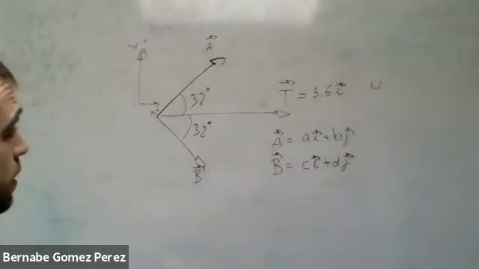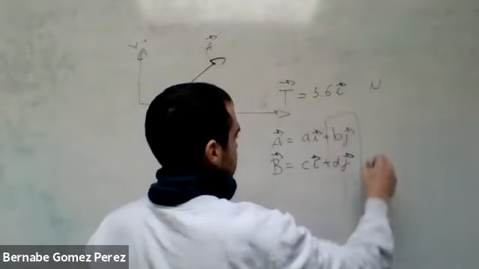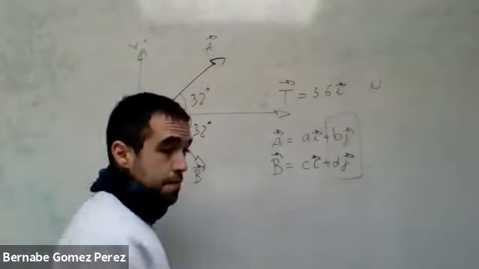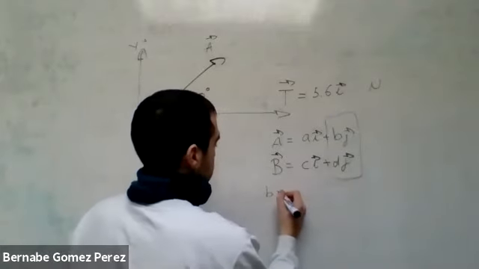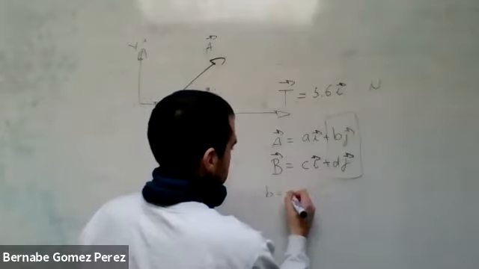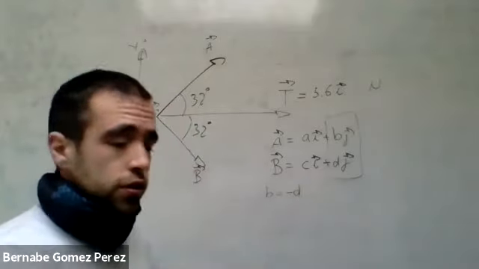Okay, A and B. What do we know? Well, we know something about the J components. We know that they must be equal, okay? So B is equal to D, but they have different directions, okay?